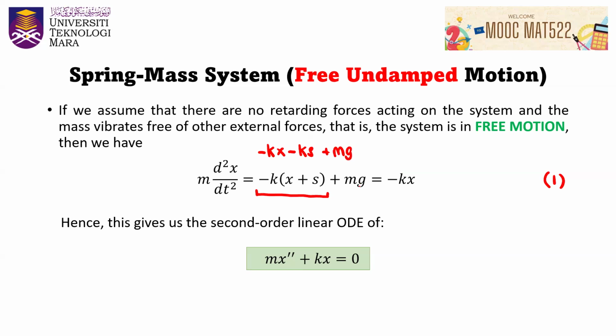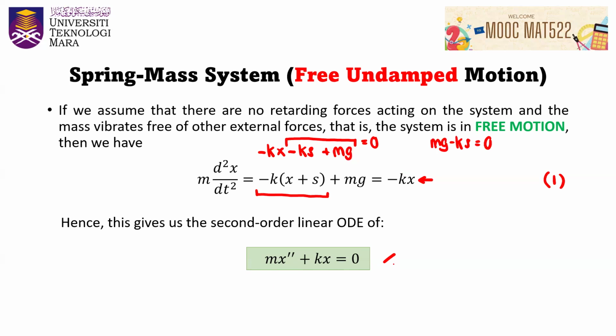By the net force between the weight and the restoring force that we discussed just now, we notice that this term eventually becomes 0 because mg minus ks equals 0. Overall, this gives us a simplified version of negative kx on the right. Hence, we have the first second-order linear ODE for the free undamped motion, mx double prime plus kx equals 0.